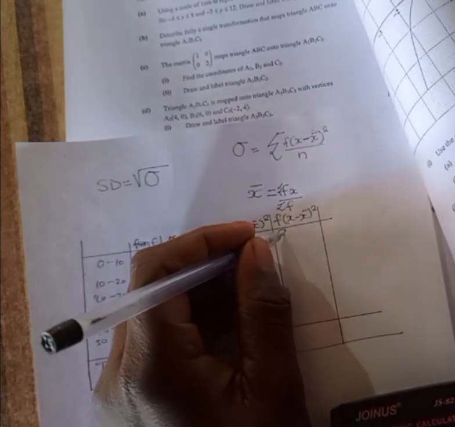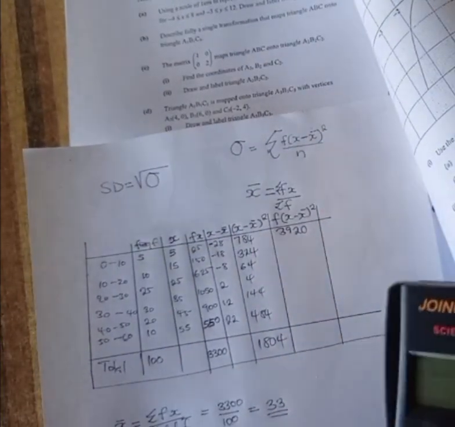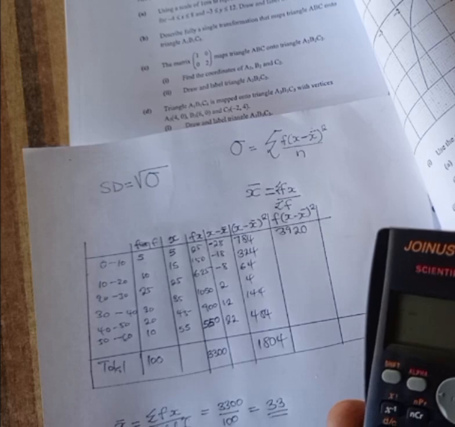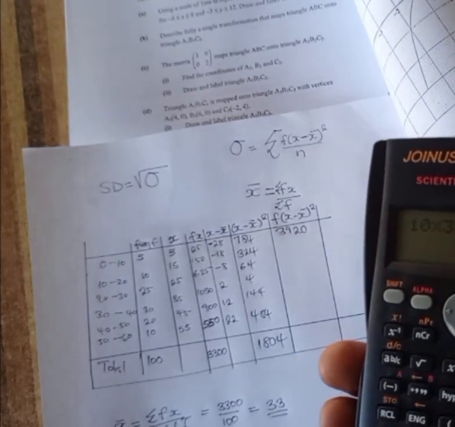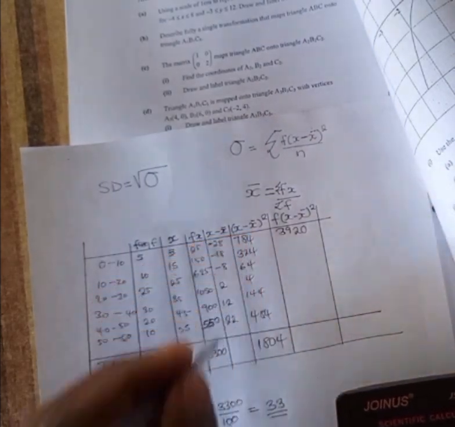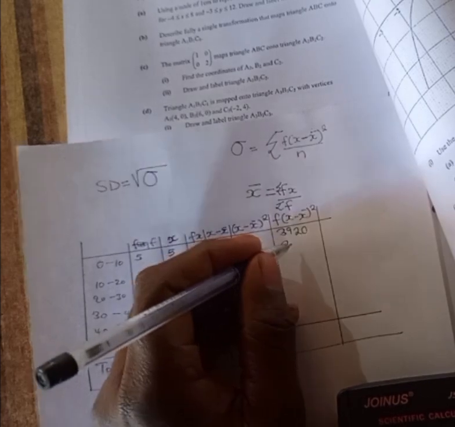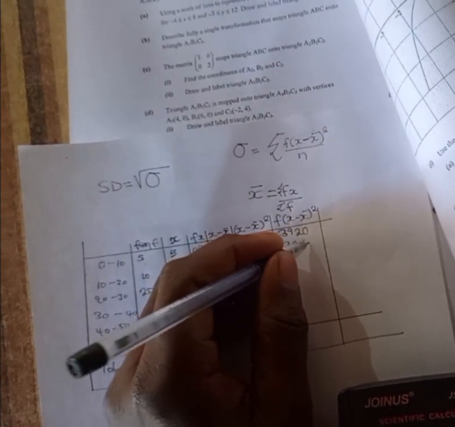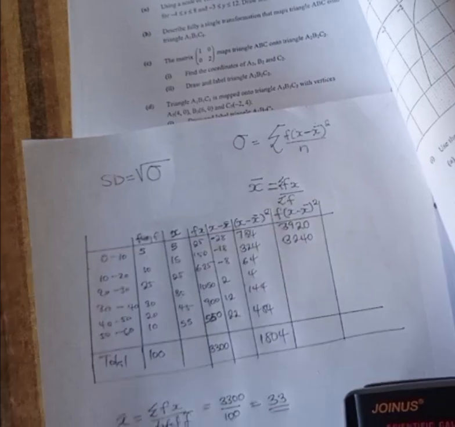The answer is 3,920. Then we have 10 multiplied by 324. The answer we get is 3,240. So we continue up to the end.